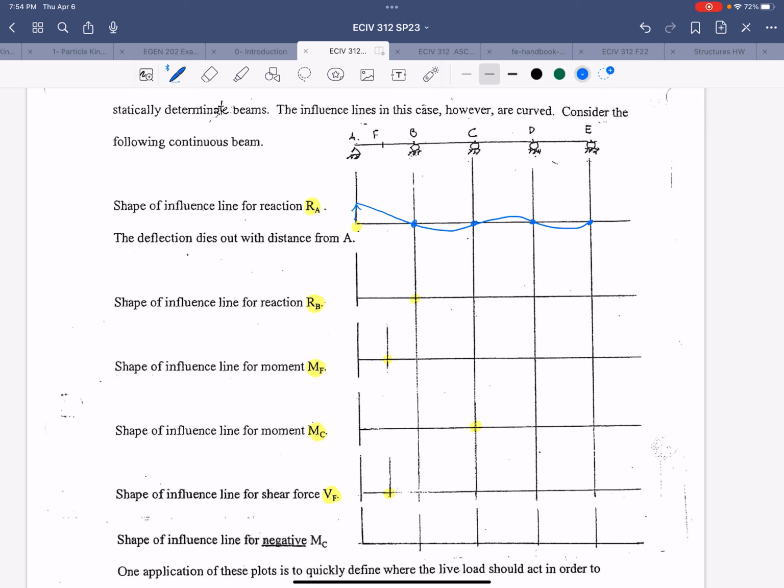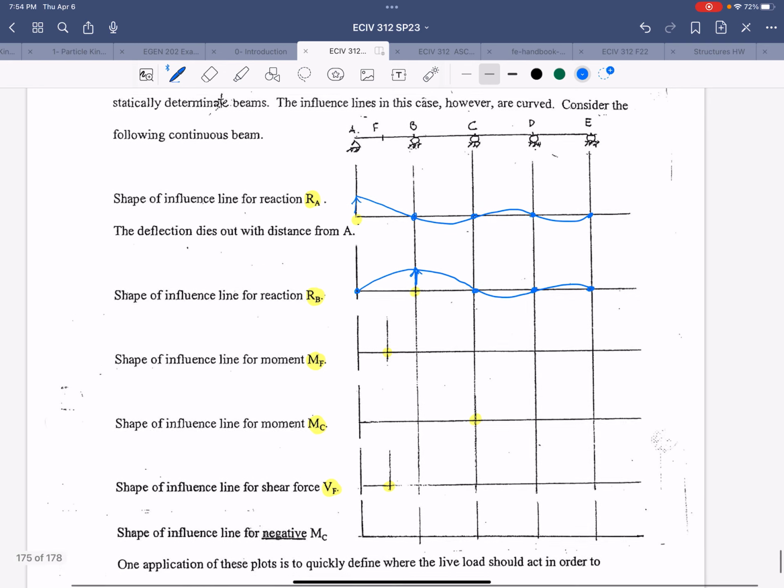So for the reaction at B, we keep all the supports except the one at B. All right, so these points all have to be 0. And then we force B through a positive vertical displacement. So that's going to look something like this, drawing curved lines.